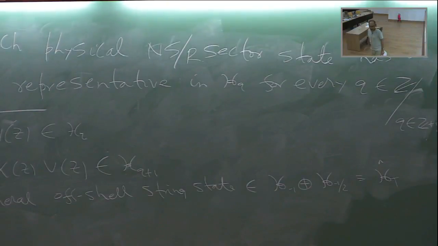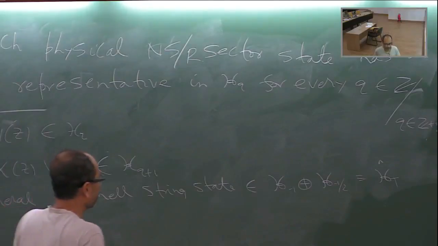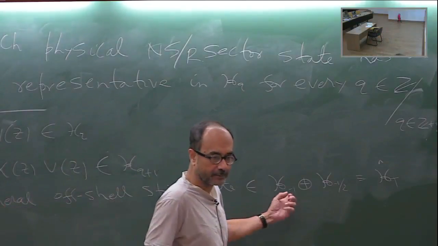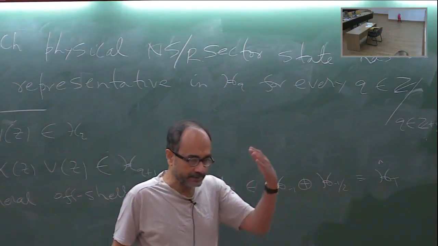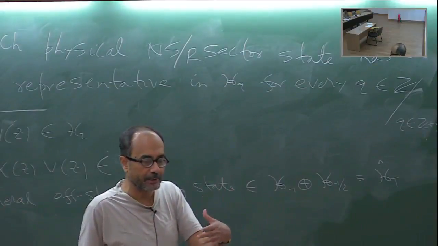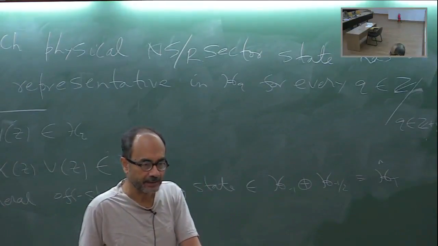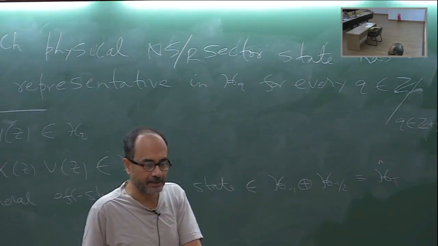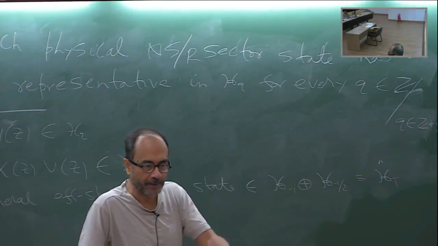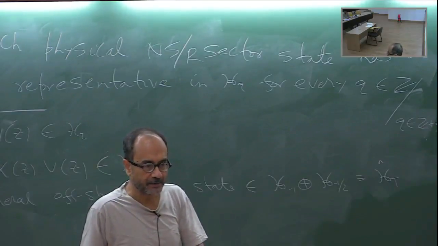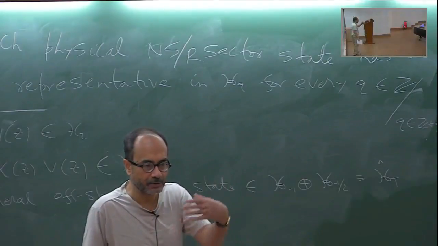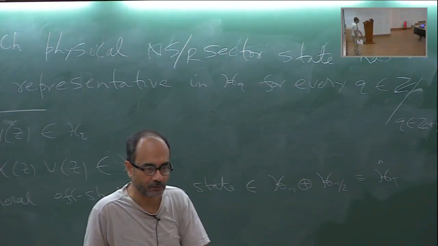Well, for on-shell you can in principle, even though that has some subtleties. For off-shell you cannot, because if you take any picture number other than minus 1, you get off-shell states whose conformal weight is unbounded from below. Which means that if you try to construct a string field theory based on those, which are propagating in the loops, you will get contributions from states which have arbitrary negative mass squared, which is what you want to avoid.